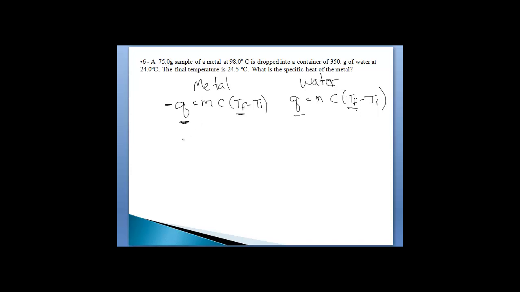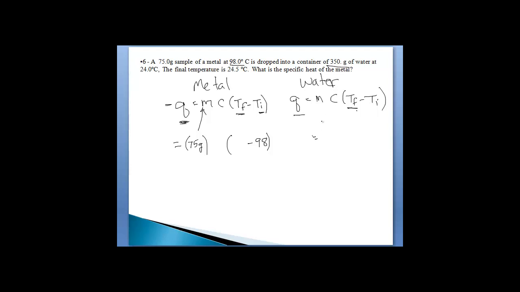So over here with the metal, I'm going to put its mass as 75 grams. The metal is at 98 degrees Celsius, so before we do anything, we know its initial temperature is 98 degrees Celsius.